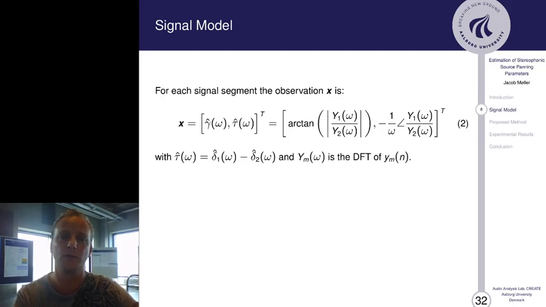It's computed from the Fourier transform, capital Y, of each channel, so it's a ratio between these, which gives us an estimate of gamma called gamma hat, and tau hat. This is a function of frequency in the DFT. So every observation of x is a two-dimensional vector.